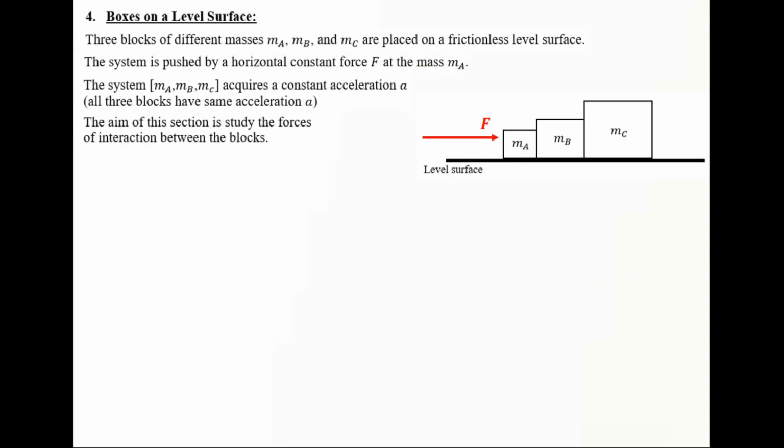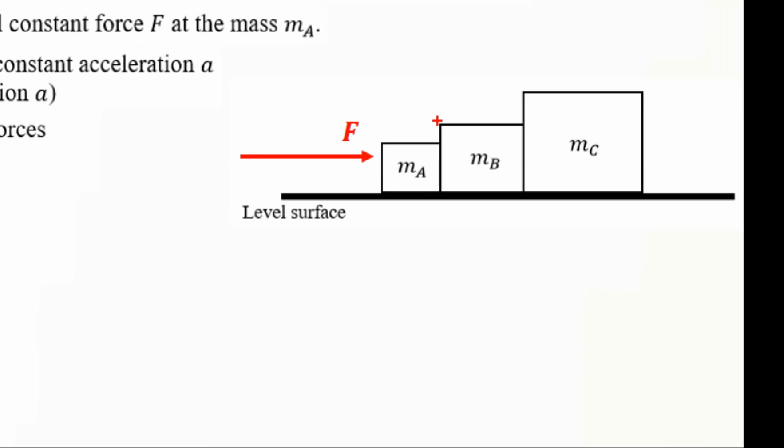Now however, if we consider the block MB, what are the forces acting on the block MB? So we have the pull of gravity, which is down, we have the normal push, which is up. Now the block MB cannot see the force F, so we cannot say that the capital F is being applied on MB. However, MB is being acted on by 2 forces from blocks MA and MC.